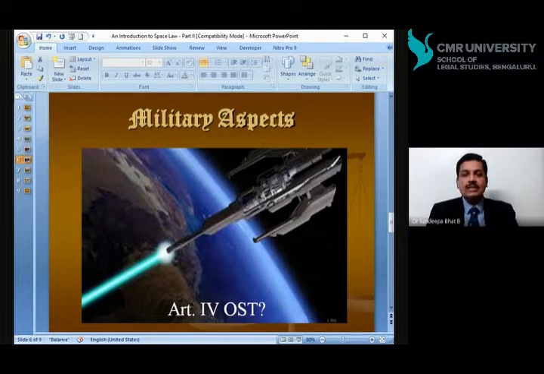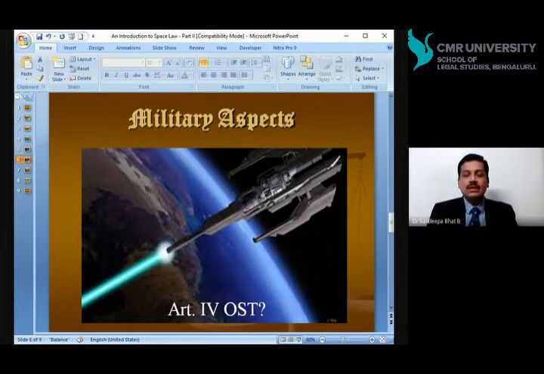Over and above this, the term peaceful uses has not been defined anywhere. And by virtue of this, states are interpreting peaceful uses in their own way. While initially some states advocated that peaceful means non-military, that there should not be any military activities in outer space or celestial bodies, states like the United States have started arguing that peaceful should be non-aggressive.